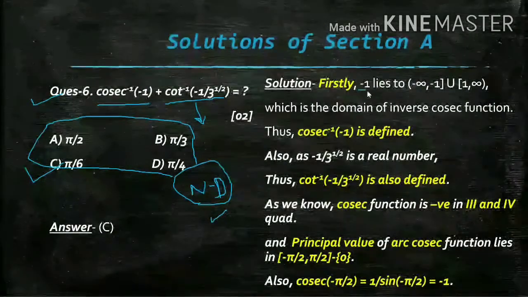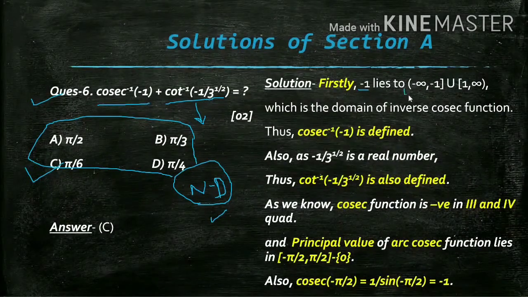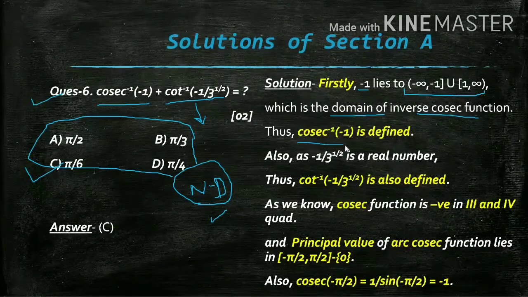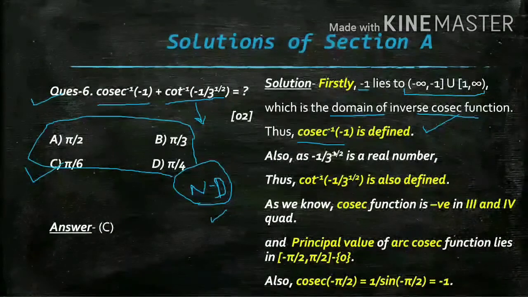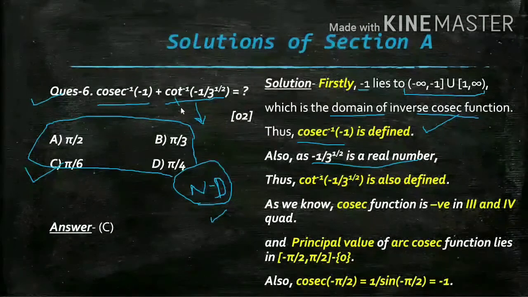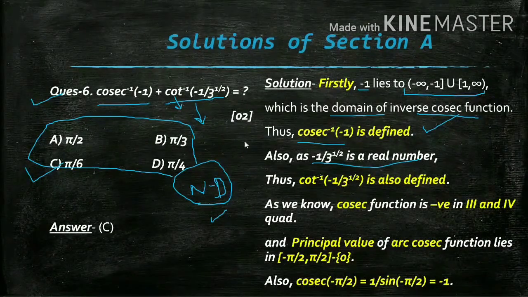Now, minus 1 lies in this domain, which is the domain for the inverse cosec function. So that means cosec inverse is defined, no problem. Now, minus 1 by root 3 is a real number, because the domain of cot x is all real numbers.